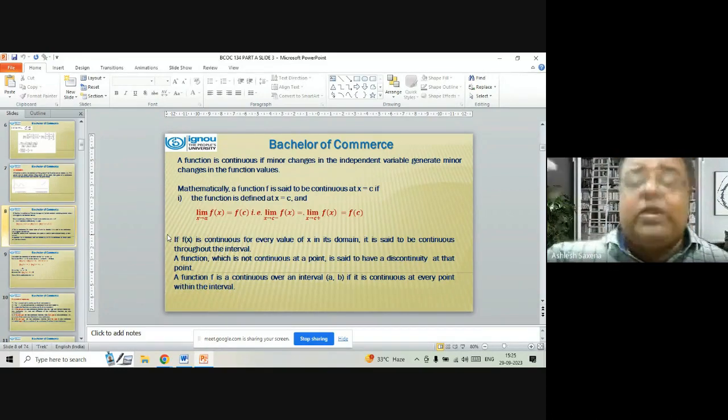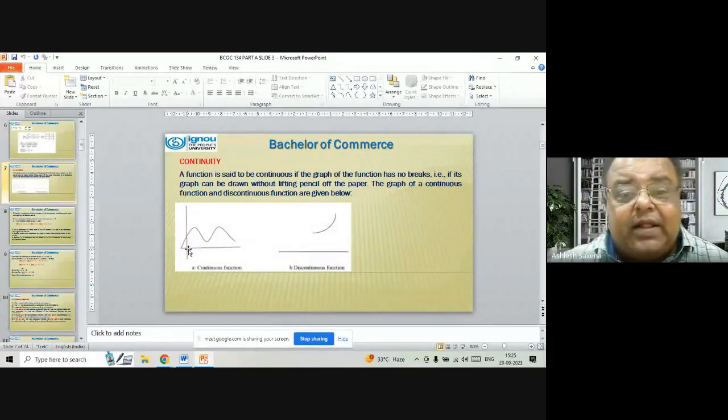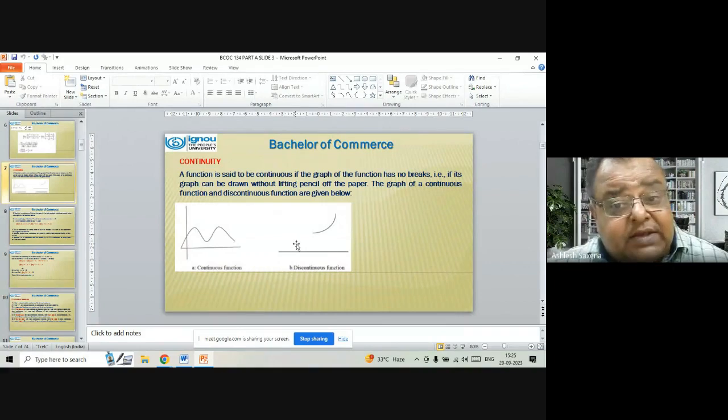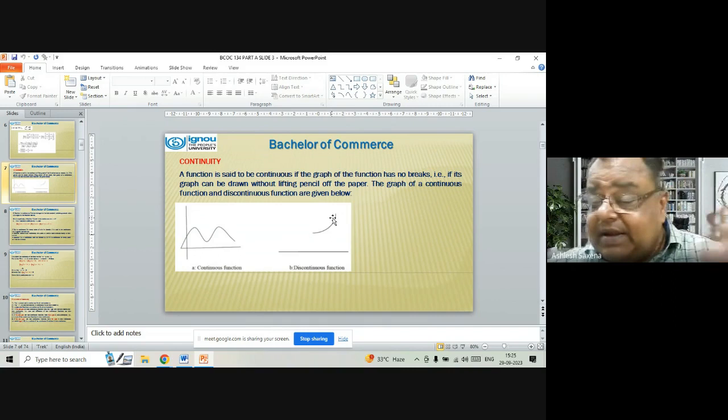Then only you are going to get a graph something like this. Suppose this is a and this is b. If the graph is continuous between a and b, we can say that the function is continuous. And suppose a is here and b is here, and we get a graph over here. That is not a continuous graph.